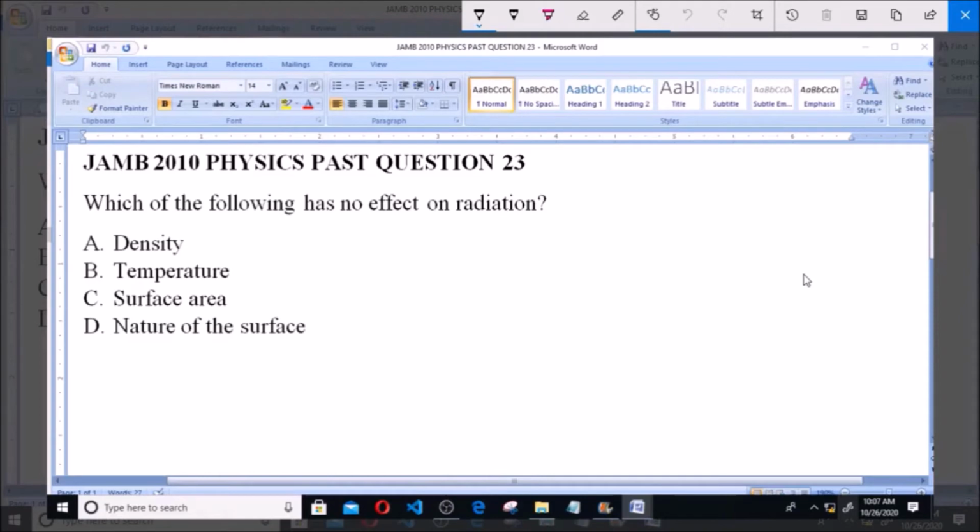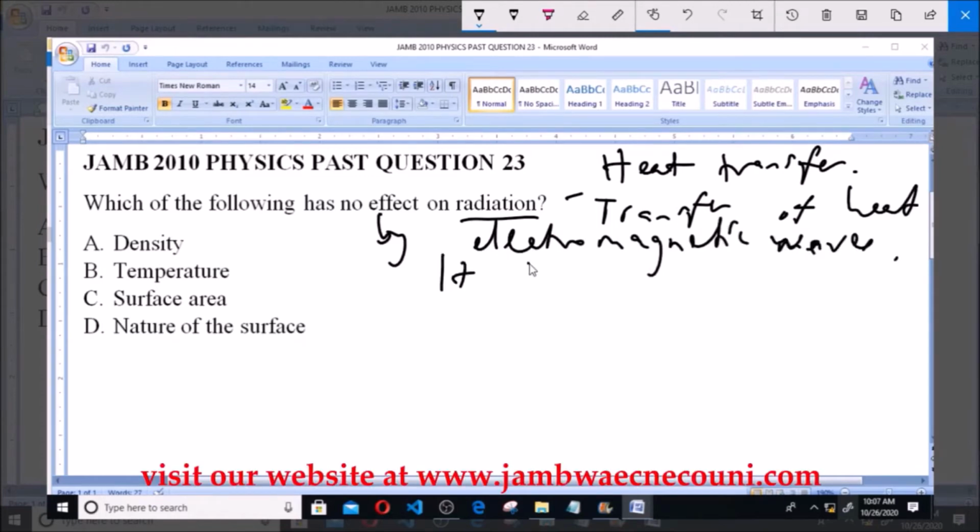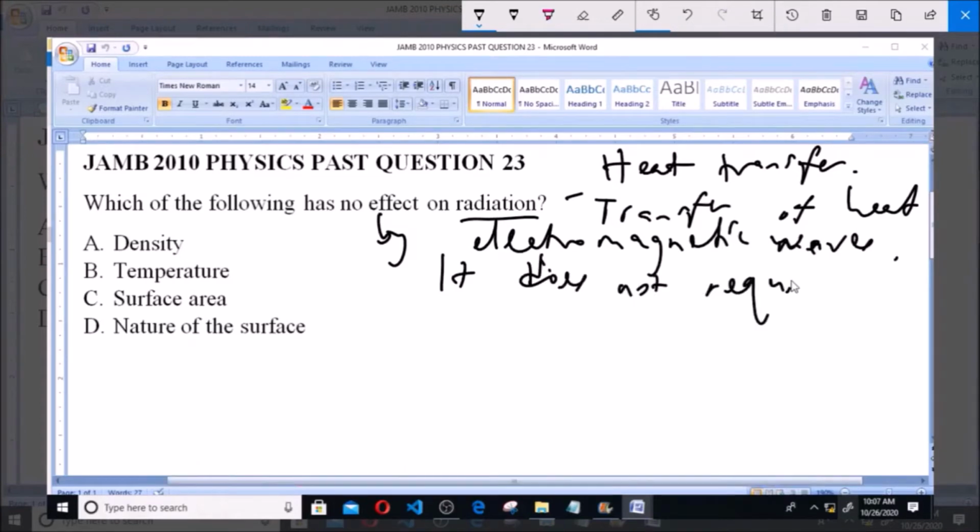Now we're looking at what radiation is all about. Radiation is under heat transfer. Radiation as a method of heat transfer refers to the transfer of heat by electromagnetic waves, and it does not require matter or a medium to be present.